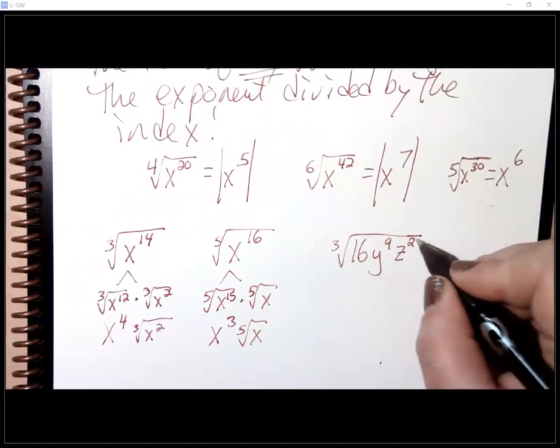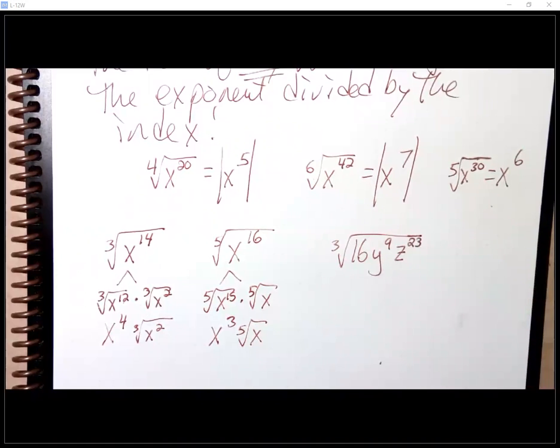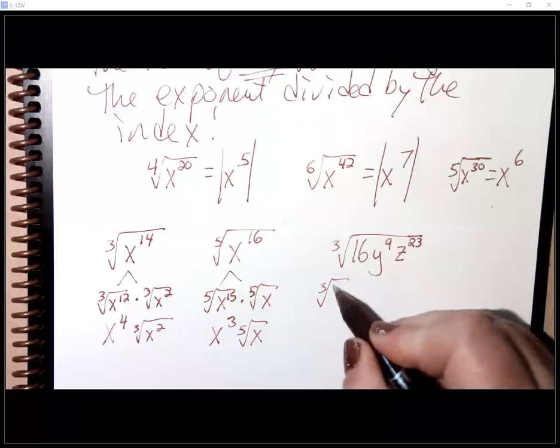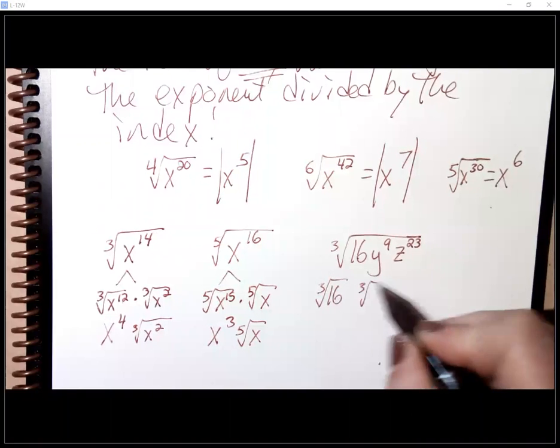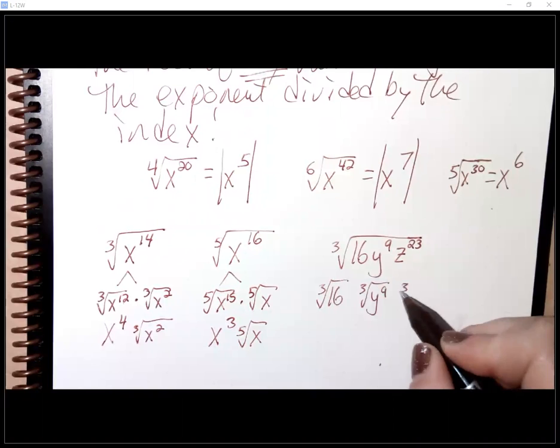Let's do that. So everybody give that one a shot. Just go piece by piece, just like we did before. Break them up into 3. It's really like 3 mini problems in one. So I would handle the cube root of 16 by itself, the cube root of y to the 9th by itself, and then the cube root of z to the 23rd by itself.